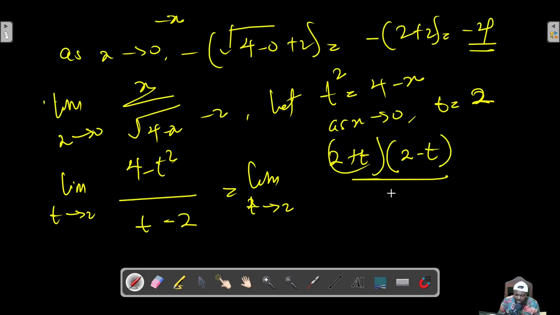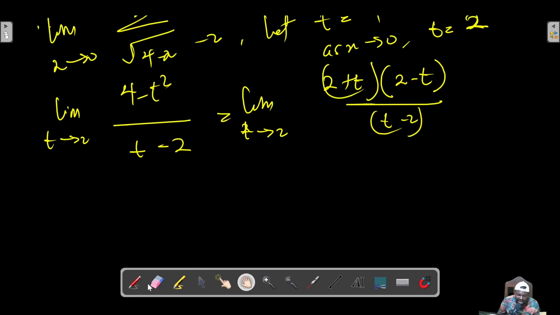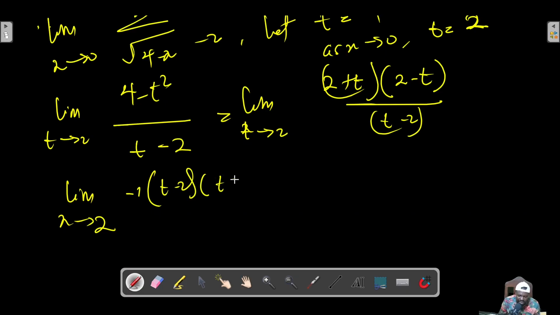It is simple here. I can factorize out negative 1 from this expression. Then I end up with the limit as t approaches 2 of negative 1 times t minus 2 times t plus 2, over t minus 2.